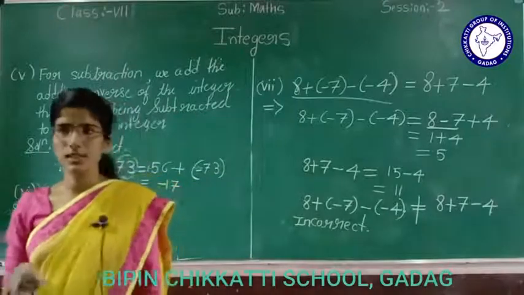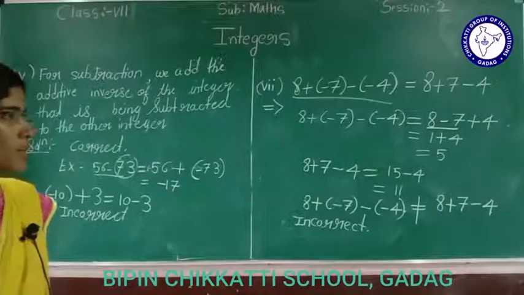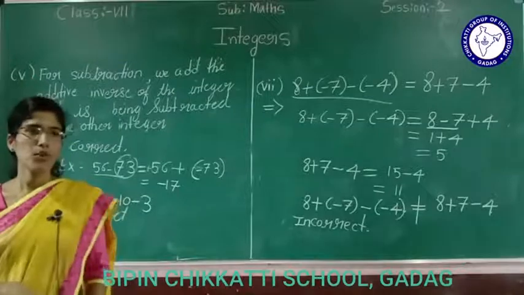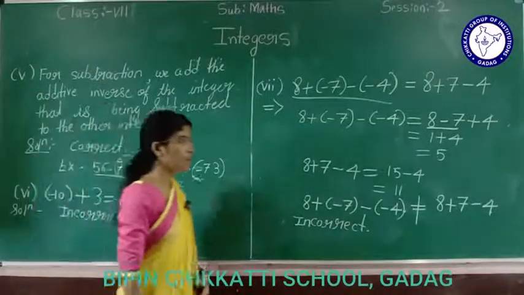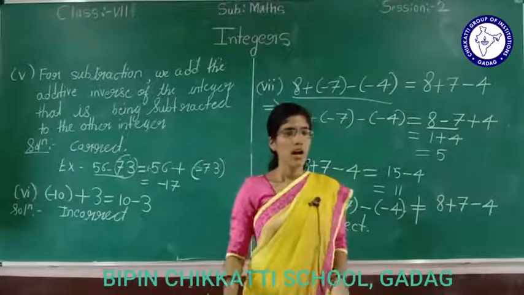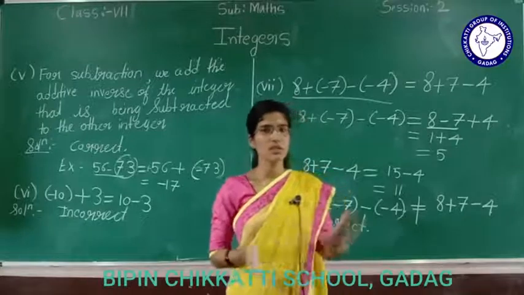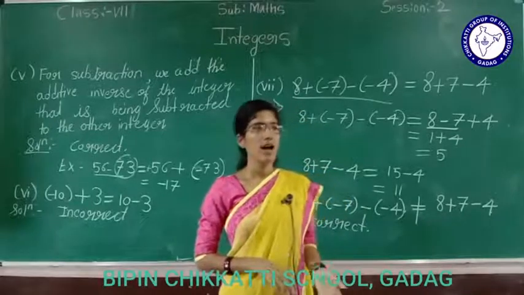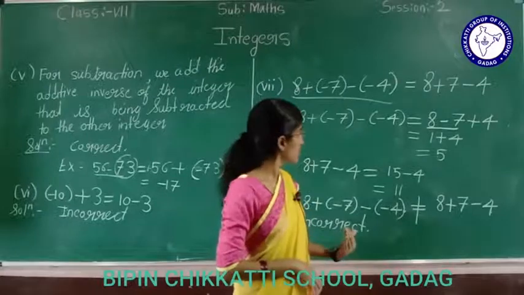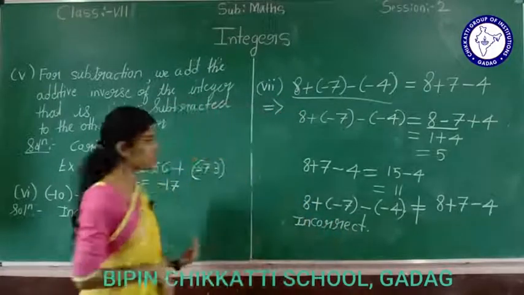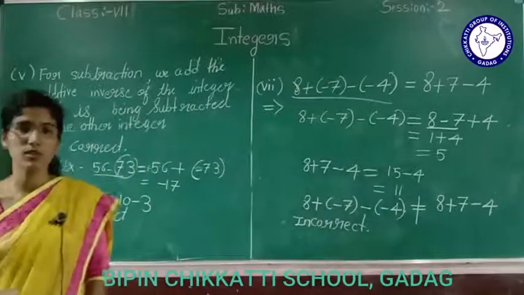Okay, this is incorrect. What you have to remember, the important thing, is how to add and subtract integers on the number line, and how to do addition and subtraction without using a number line.